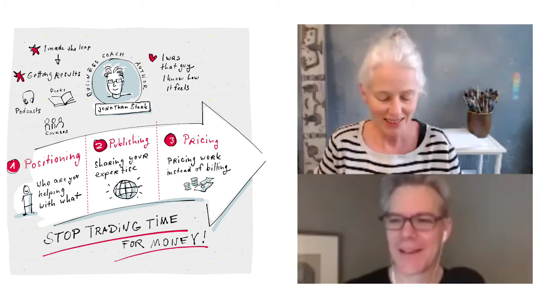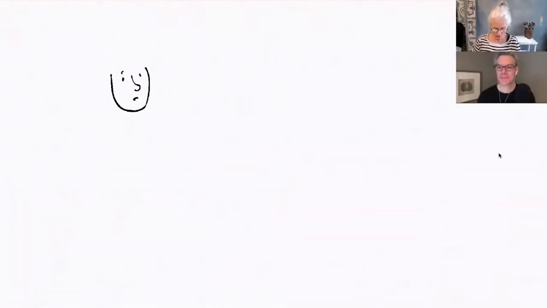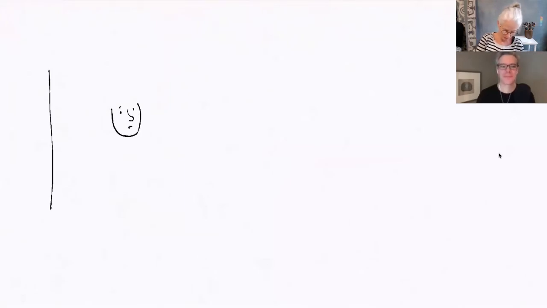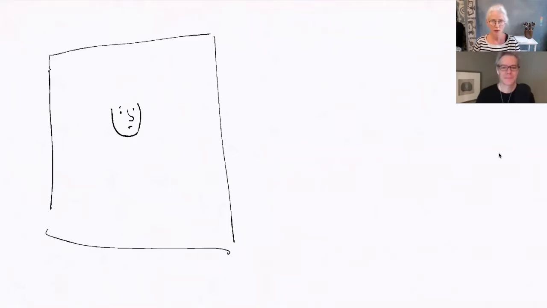Let's start. So how it works is first we start drawing your ideal customer, who is here and who has problems. Without problems, he's not a prospect, just a human.